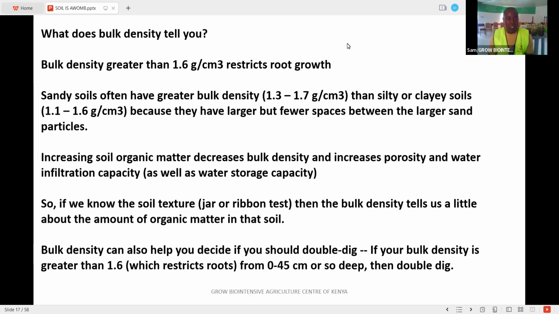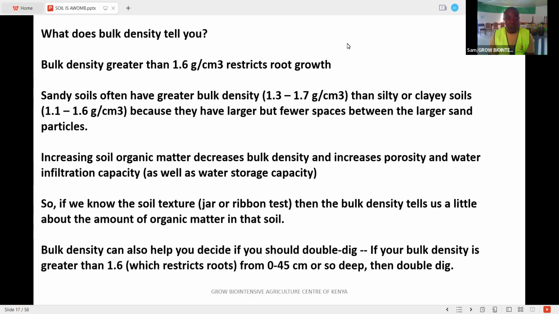So if you know the soil texture, and we can do some experiments, which I have behind me, either the jar method or the ribbon method, then the bulk density tells us a little about the amount of organic matter in that soil.